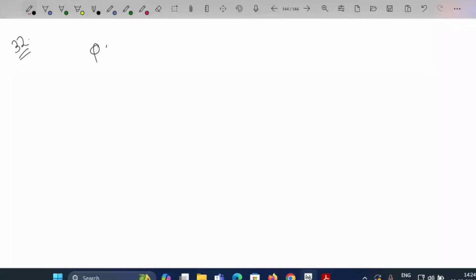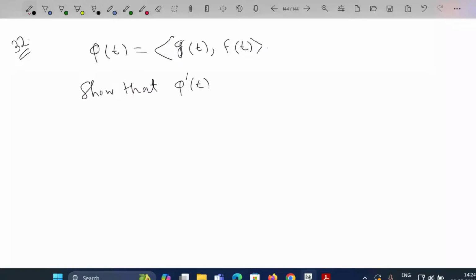Let's say phi of t is defined as the inner product of g of t and f of t. Obviously assume that the derivatives of f and g exist. Then the derivative is the same as the inner product of g dash t and f of t, plus the inner product of g of t and f dash t. Try to show.